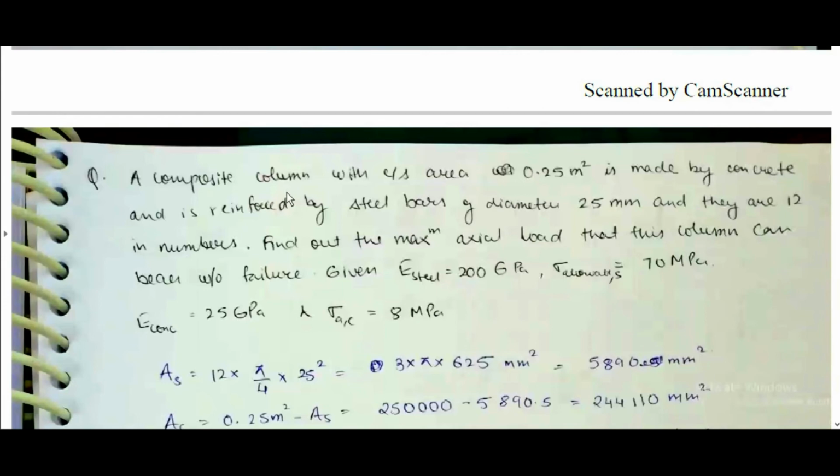A composite column with cross-sectional area 0.25 meters square is made of concrete and is reinforced by 12 steel bars of diameter 25 mm.